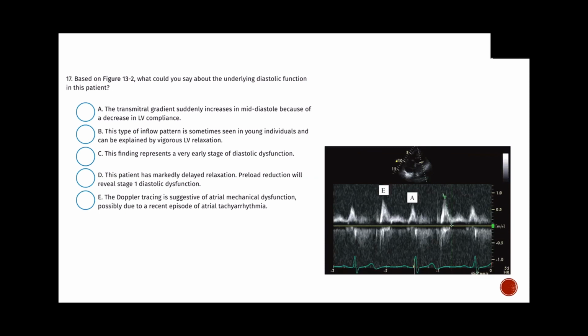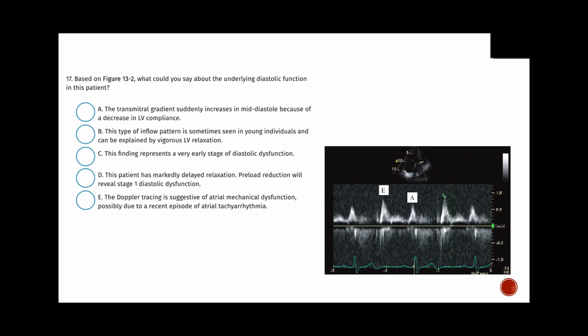So based on this figure here, what could you say about the underlying diastolic function of this patient? Okay. So transmitral gradient suddenly increases in mid-diastole because of decreased LV compliance.